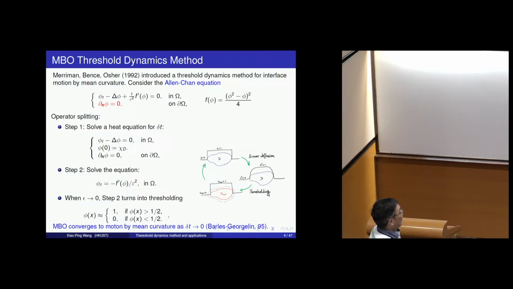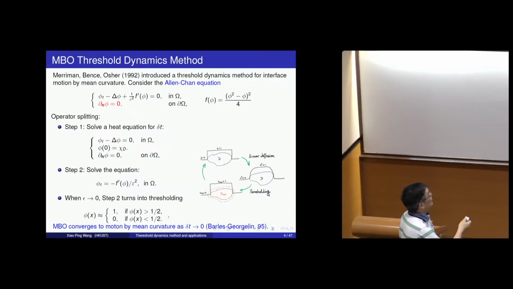Okay, and you can show that because there is a time step here in step 1, and as delta t goes to 0, you can prove that this converges to motion by mean curvature. So therefore, instead of solving the nonlinear Allen-Cahn equation, you turn this into two steps.